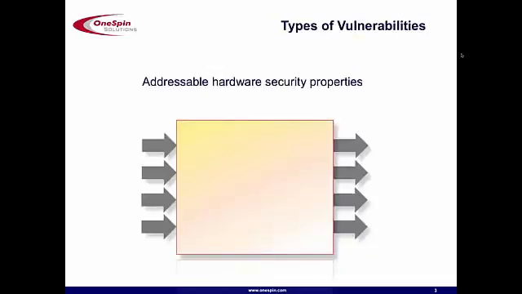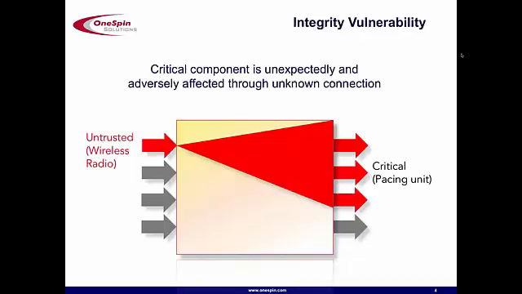There are two overall types of vulnerabilities that we see. The integrity vulnerability is one where some access is gained to a device and puts it in an operational mode that was unexpected, and therefore creates a critical problem in some area that should not be targeted. This can happen maliciously or, quite often, accidentally, where maybe some device, say a heart pacer, actually gets interrupted unexpectedly.